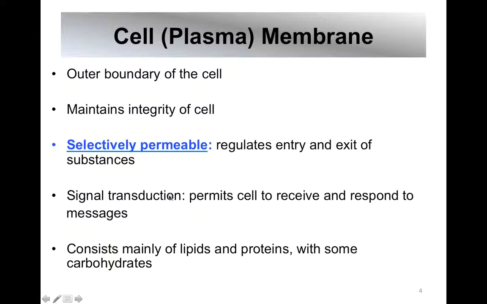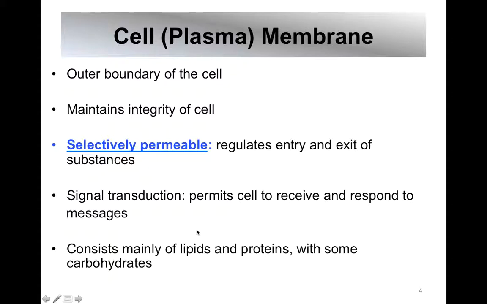It also receives signals from the body, and maybe the cell's receiving a signal to make a particular hormone or make a particular fluid, like mammary glands will receive a signal to make milk. And also it can send signals out to the body.